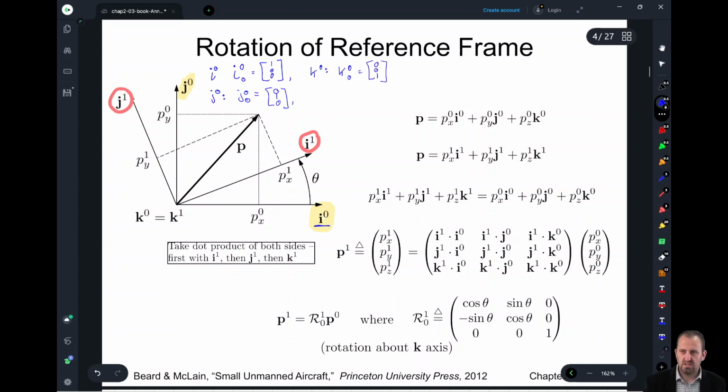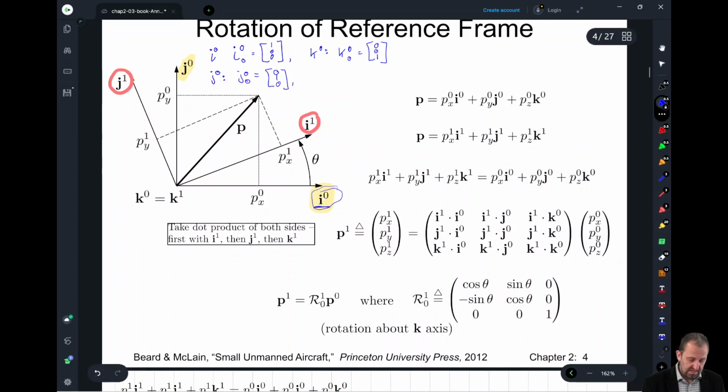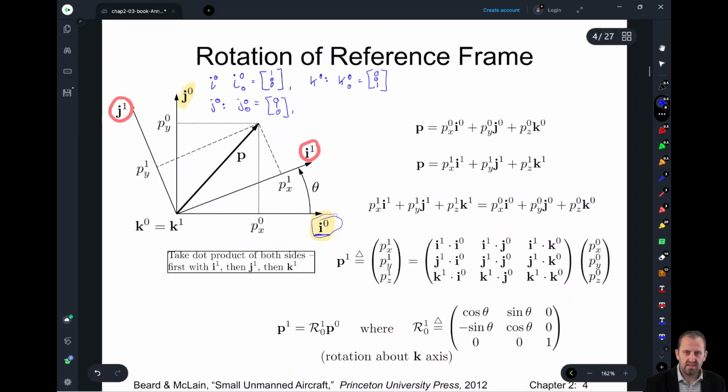But it's important to note that as written here, there is not necessarily a rotation frame or a frame of reference identified.